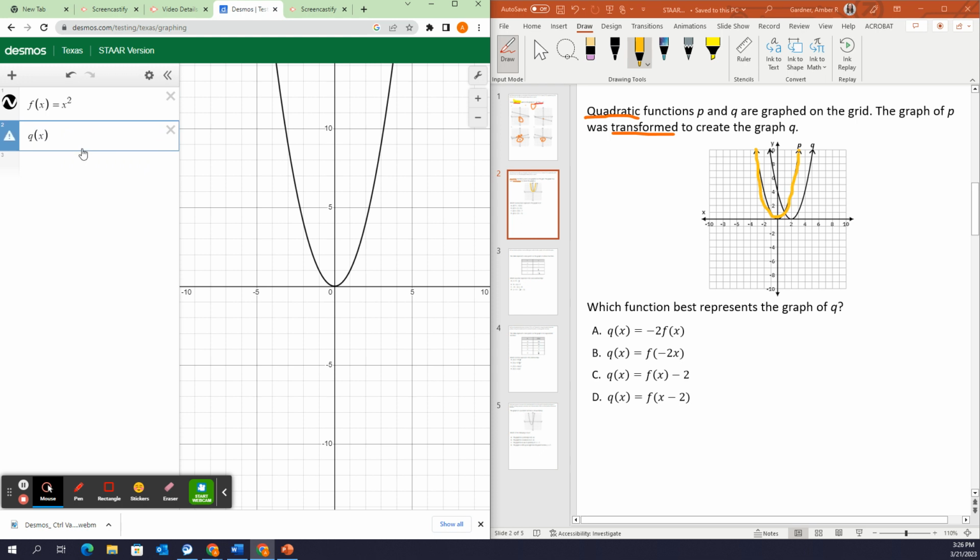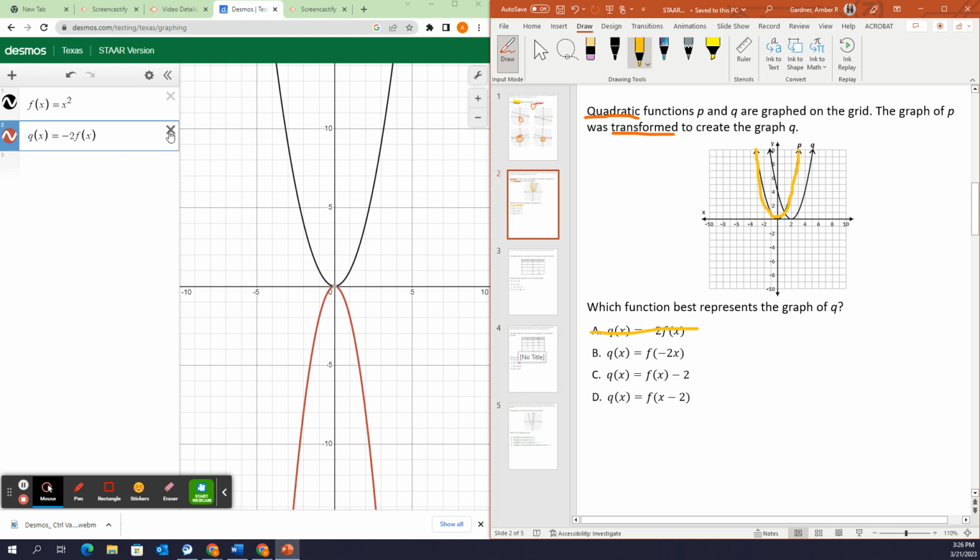Q of x equals negative 2 f of x. Okay, if you look at that, that negative 2 is actually going to flip or reflect my parent function over the x-axis, and also that 2 is making it a little bit more narrow. So that's not the one that we would like to choose as our answer choice because it does not look the same as Q right here.